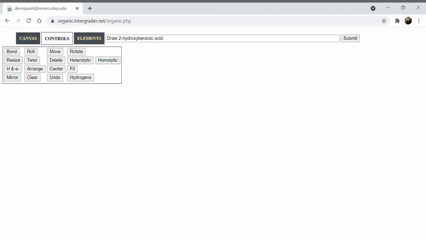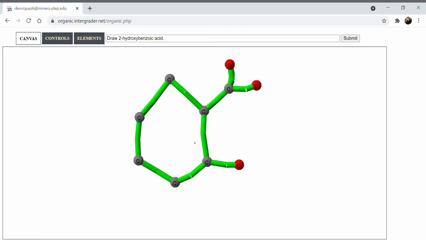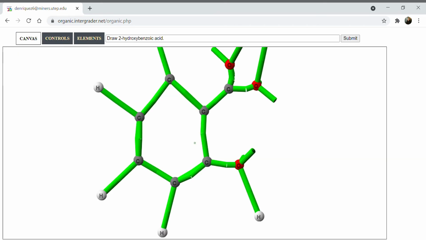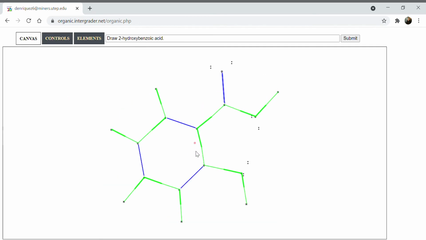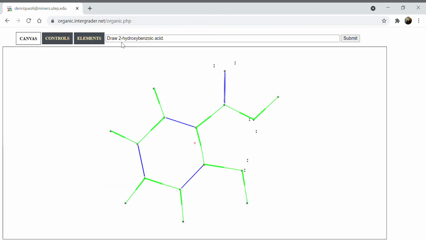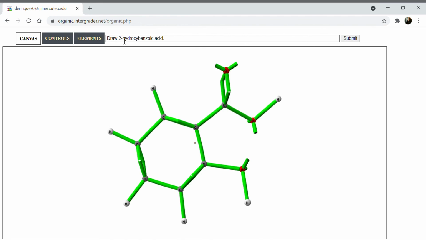And I'm also going to do my double bonds. I put one here, one right here, and another one over here. Add my hydrogens and hit arrange. And of course, this would also be the same as if it had O instead of 2, or ortho.